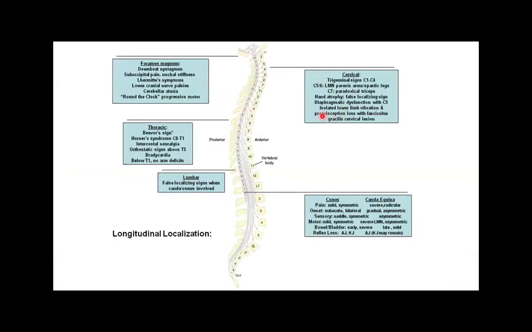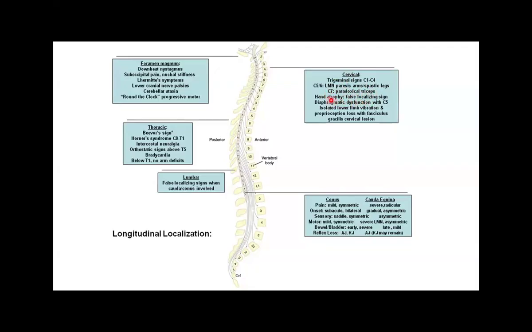So the other levels: at cervical level, because the trigeminal sensory nucleus extends down below C1, C2, C3, they can have an onion peel sensory distribution in foramen magnum syndrome. At C5, C6 level, they can have LMN weakness at the level and UMN weakness below.